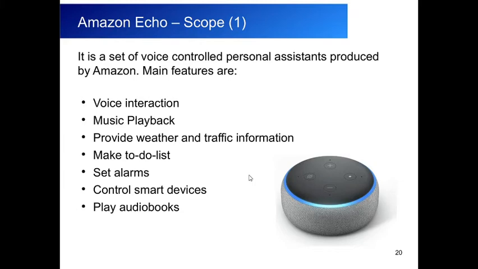So now we move to Amazon Echo. Amazon Echo is Alexa. We all know it as Alexa. It's a voice-controlled personal assistant, and it has a lot of interesting features like voice interaction and music playback. You can ask for weather and traffic information, create your to-do list, set alarms, and most interesting is to be able to control smart devices connected in Wi-Fi by means of your voice.